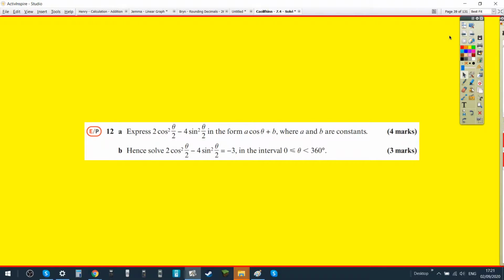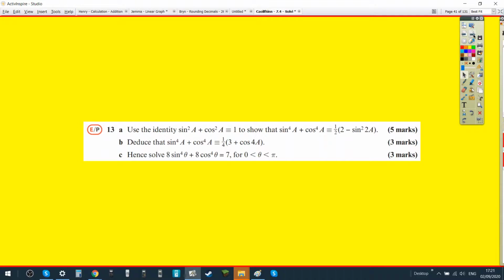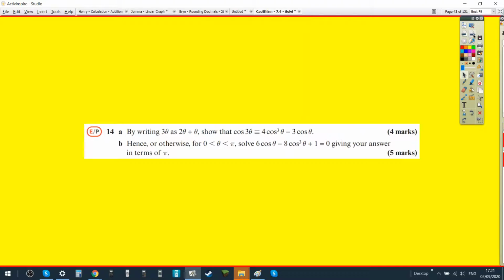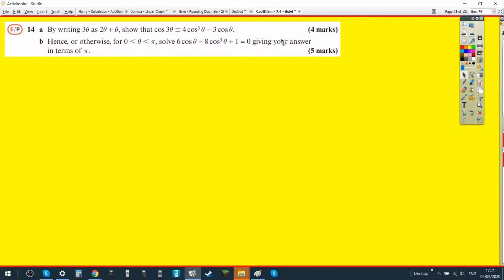This one is a bit weird. Do we do this in the next thing? Do it in the next thing. Any idea how to do this one?